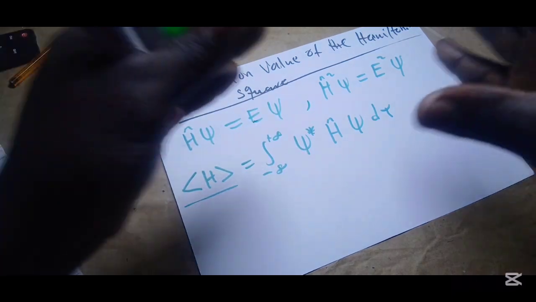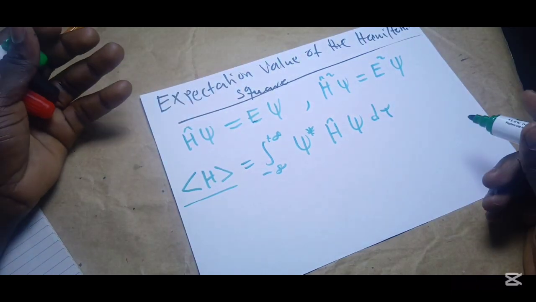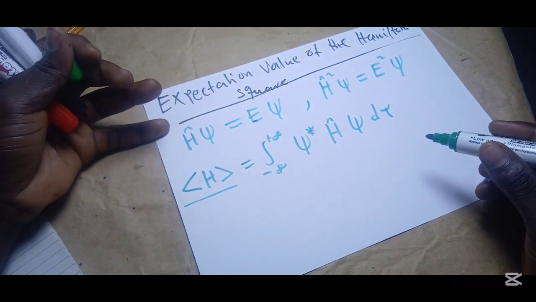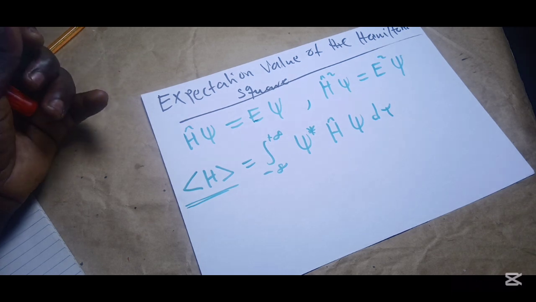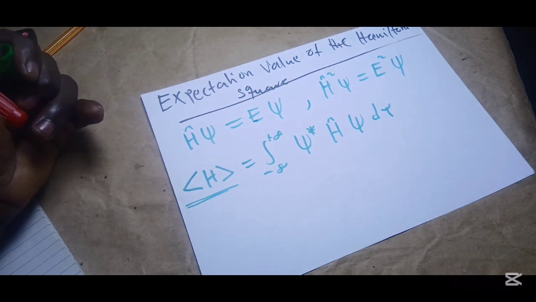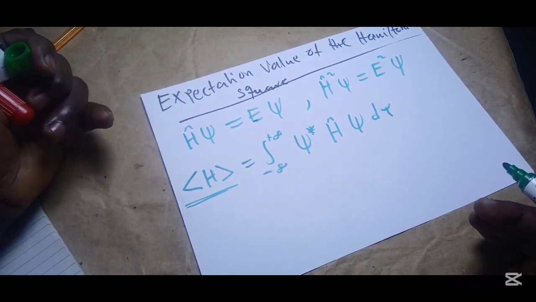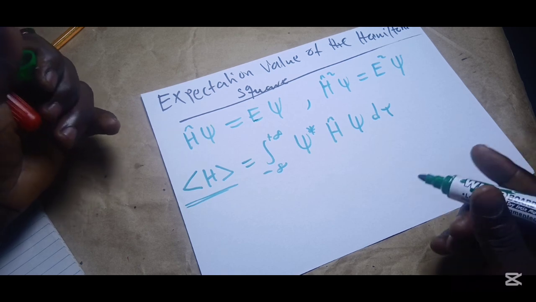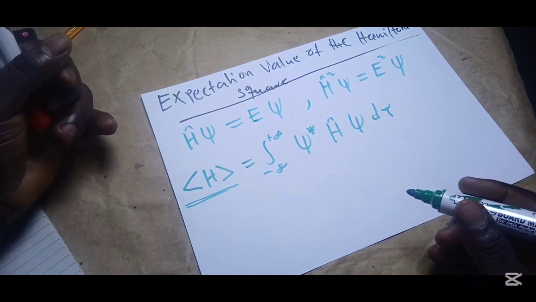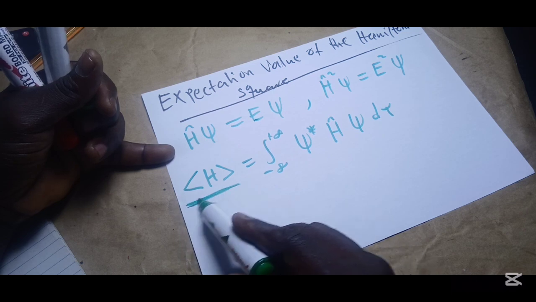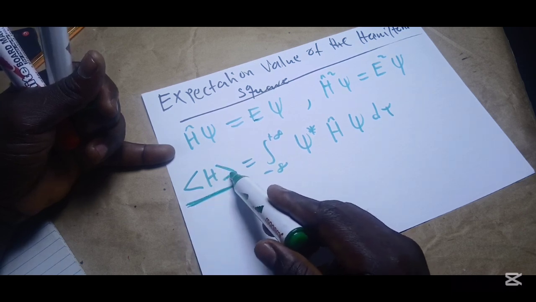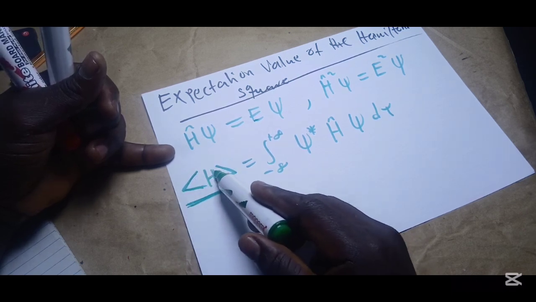The average of those measurements is what we call the expectation value. So the average of those is what we call the expectation value of energy.